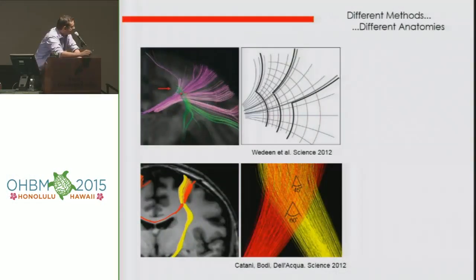Now, in the ongoing debate, things have changed a little bit. Now he's claiming that it's not only 90-degree crossing, it's more about this kind of grid organization. But importantly, he's also suggesting that because of this structure, the axons in the coronary data, for example, are organized in this way.